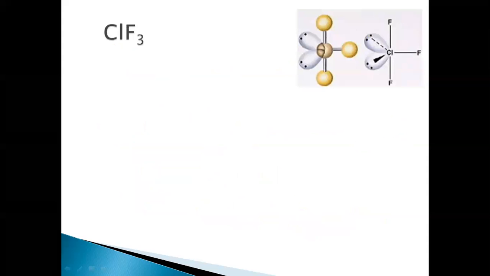Now when we come to ClF3, chlorine is a seventh group element, group 17, so 2, 8, 7, seven valence electrons. So half into 7 plus the number of atoms bonded, 3, gives 5. Again trigonal bipyramidal, logically speaking.